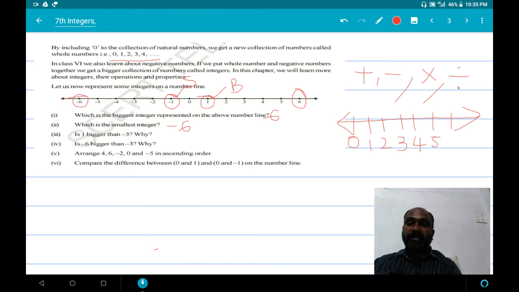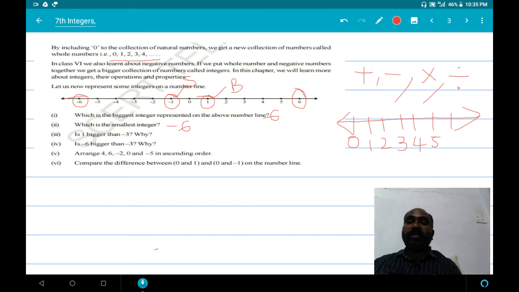So minus 1 is smaller than 1, and 1 is bigger than minus 1. Okay. So always right side is bigger, left side is smaller.